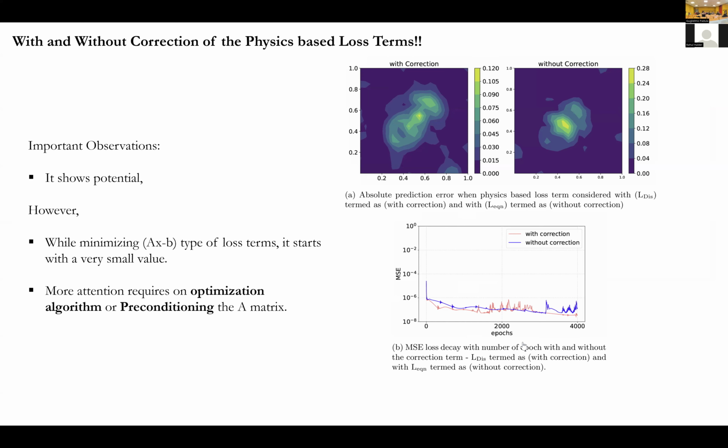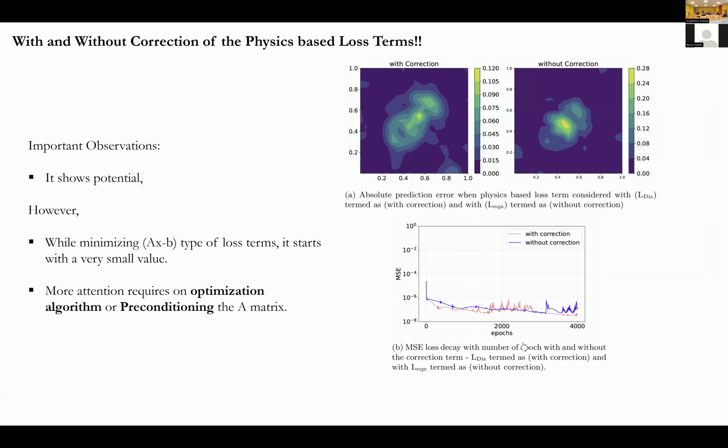I'm happy with A being a bit nonlinear, and I want to minimize Ax minus b and I'll get my results. If it is a highly shock-dominated flow, then A will be highly nonlinear and I might get some issues. But for Burgers' equation, this kind of problem, A is mildly nonlinear and I'm fine with it, so you will get results. And if you add the additional correction that I have proposed, you will get slightly better results.